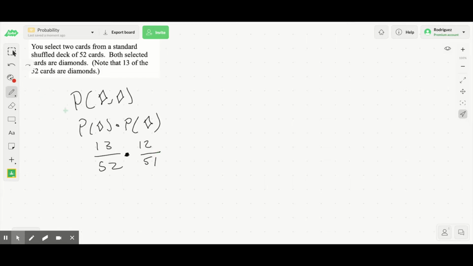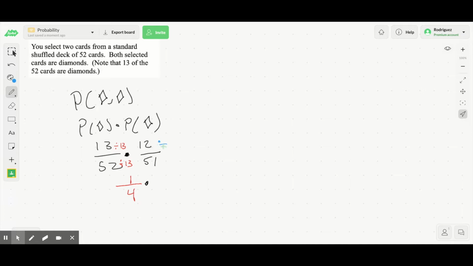Okay, I know that 13 and 52 are both divisible by 13. 13 times 4 is 52, and 13 divided by 13 is 1. All right. I also know that 12 and 51 don't divide into each other at all.